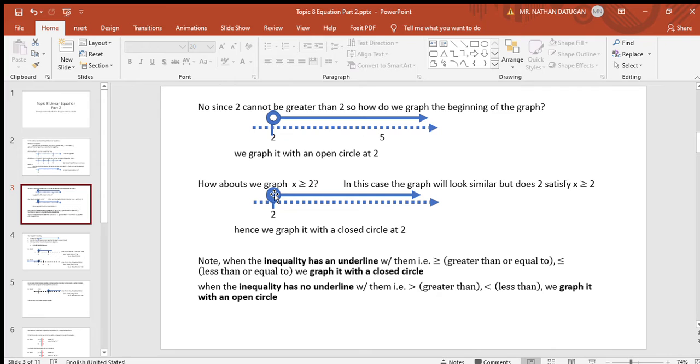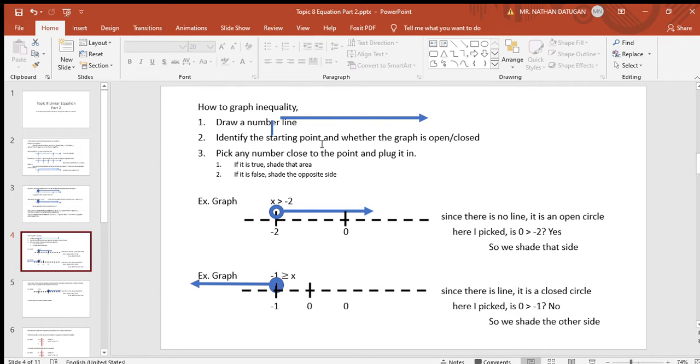Open circle means 2 is not included. A shortcut is that an inequality with an underline is graphed with a closed circle, and an inequality with no underline is graphed with an open circle.